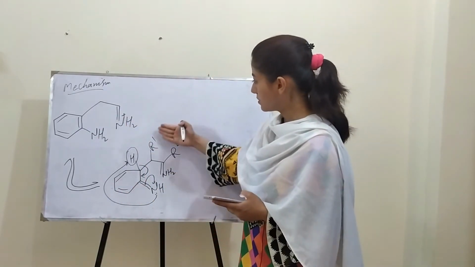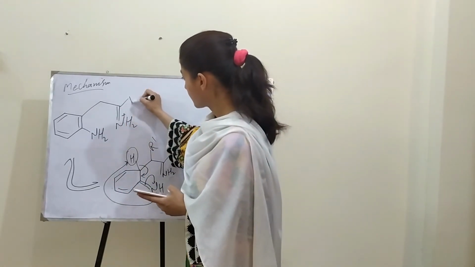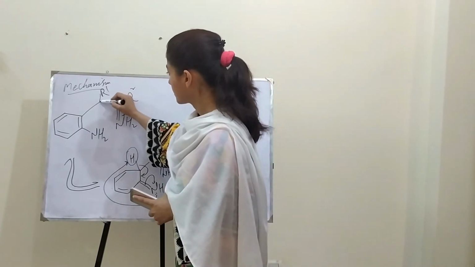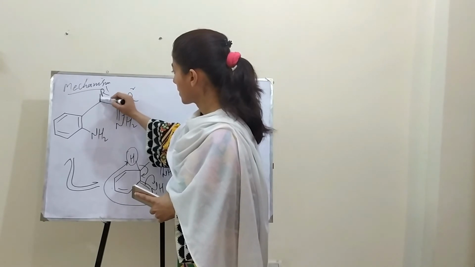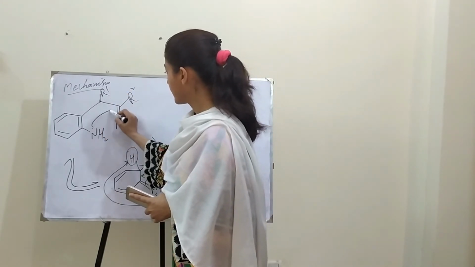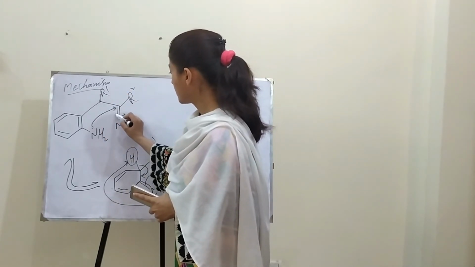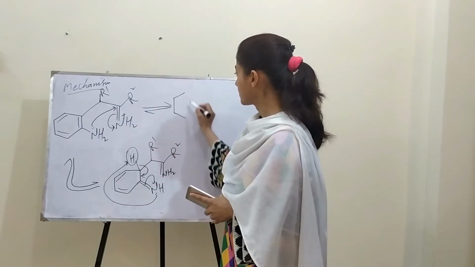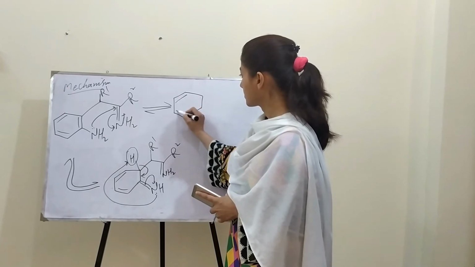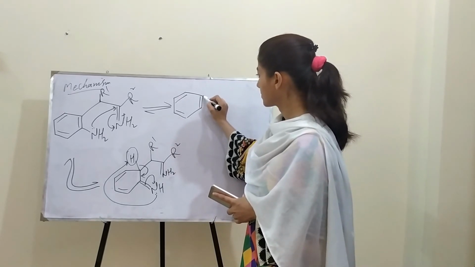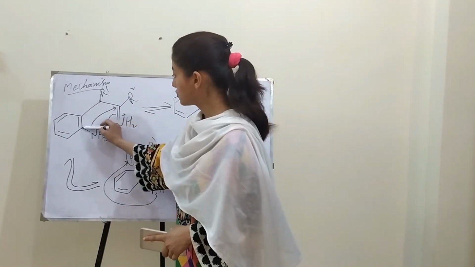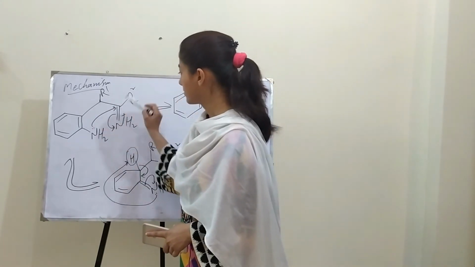This moiety would become as it is. Now this lone pair attacks on this carbon and this bond is shifted to this nitrogen. And you see here a 5-membered ring is generated. 1, 2, 3, 4 and 5.